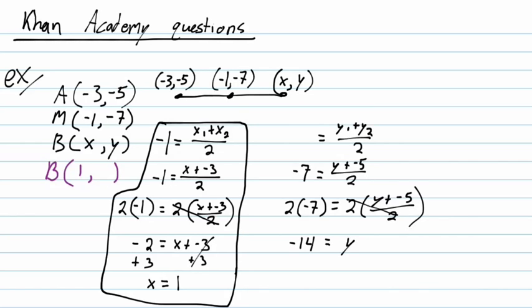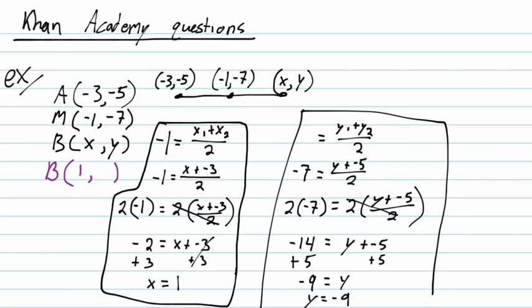And then I will subtract over, and of course if you're subtracting a negative, that's adding. Then I will subtract over the coordinates of one endpoint. That will give you the coordinates of the other endpoint. So the y coordinate is -9 for point B.